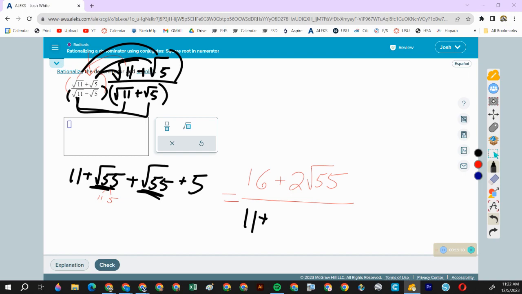Root 55. Okay. What is this? Negative root 55. And what is this? Negative 5. It's negative root 25, which simplifies down to be negative 5.